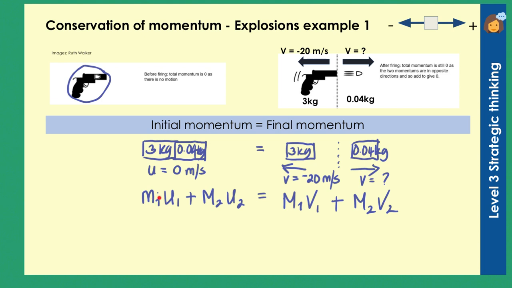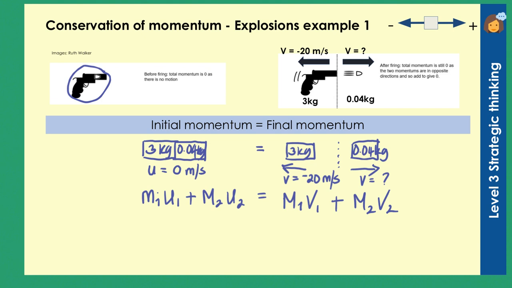So the 1 represents object 1, which is the gun, and the 2 represents object 2, which is the bullet. The u represents the initial velocity, and v represents the final velocity.